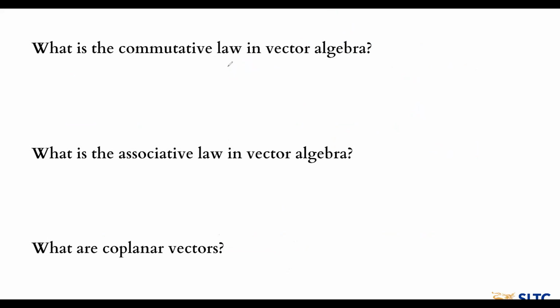The commutative law says that if you reverse the order of the addition, the resultant will not change. If we add vector A to vector B, it will be the same as adding vector B to vector A. So vectors follow the commutative law.